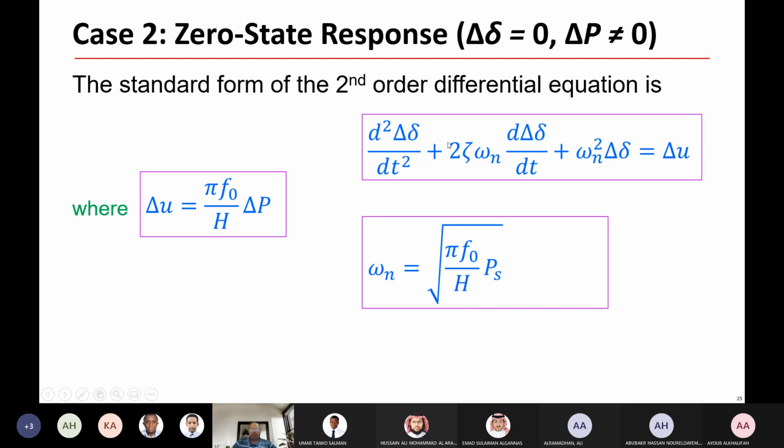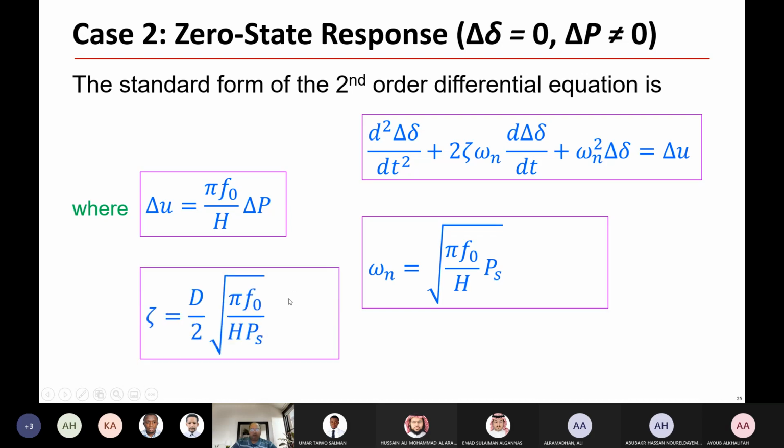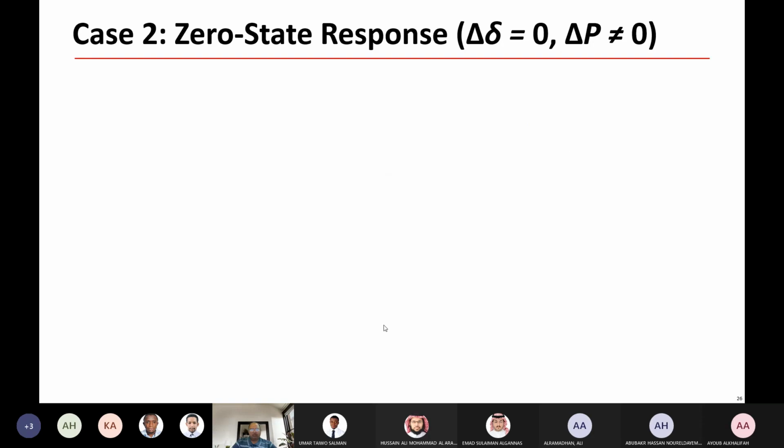You can get also zeta, which is the same expression as before, and omega n the same expression as before also. Do you have any question?